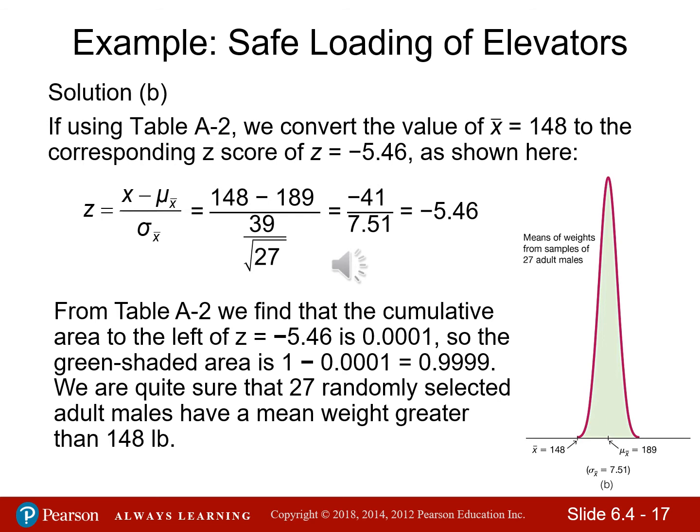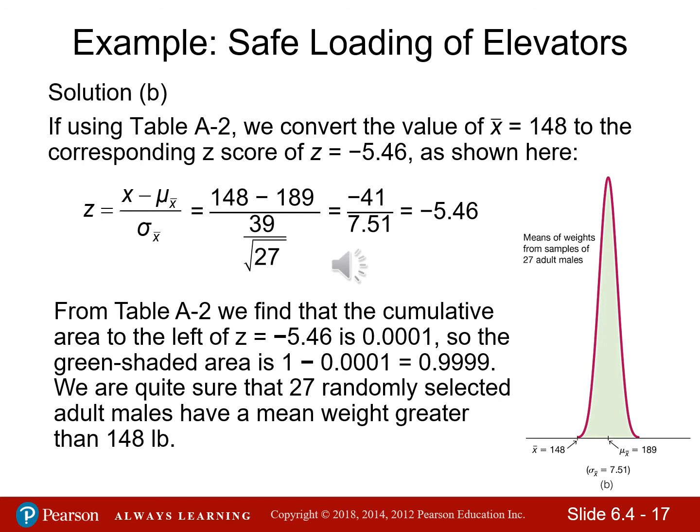Using table A2, we can convert the value of x bar equals 148 to the corresponding z-score of z equals negative 5.46. The equation here shows us how to get that corresponding z-score of negative 5.46. And then from the table, we find the cumulative area to the left of our z-score equal to negative 5.46, and that area is equal to 0.0001.